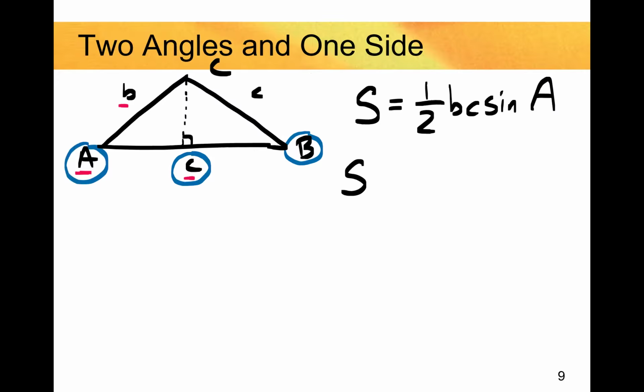So I also know angle C very easily. Now I know angle A, angle B, angle C, and then I know little c. I'm trying to replace little b, and the hint is the law of sines.